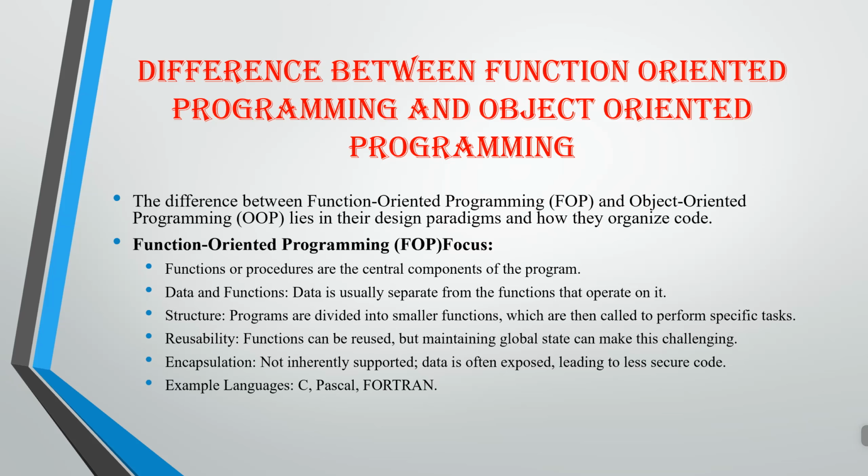If I want to give an example, we have three different types of functions in function oriented programming language, namely function without any argument pass, without any return, function with argument pass but without any return, function with argument pass and with the return. Here data is separate.